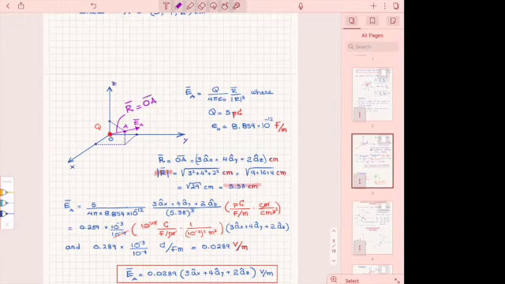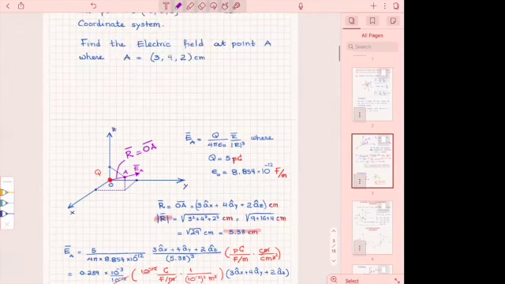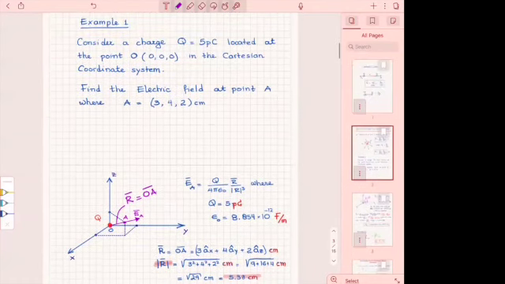You see that? It is the vector that connects the source, the charge, to the point where I want to find the electric field. Now how do I calculate the vector from the coordinates they have given me for A and O?